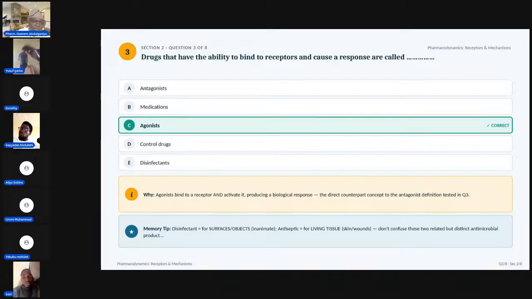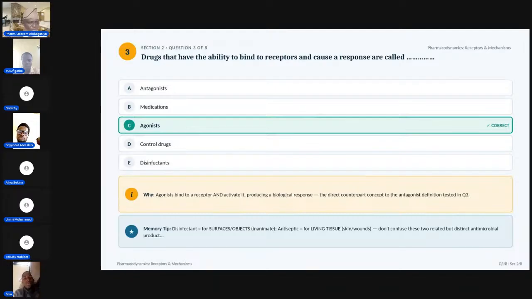All right. Okay, so an agonist is that particular drug that would bind to the receptor and cause a response. So an antagonist will not give you any response. So just take it like that. The next question could be: drugs that have the ability to bind to a receptor and do not cause a response are called antagonists.